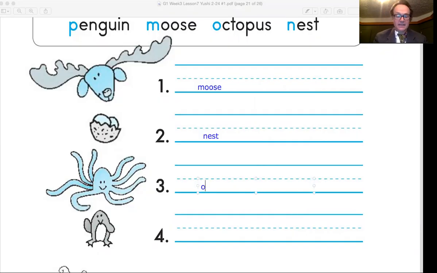I like these guys. And this one? Yep, that's what they look like. That's right. Moose, nest, octopus, penguin. Cool. Let's keep on rolling.